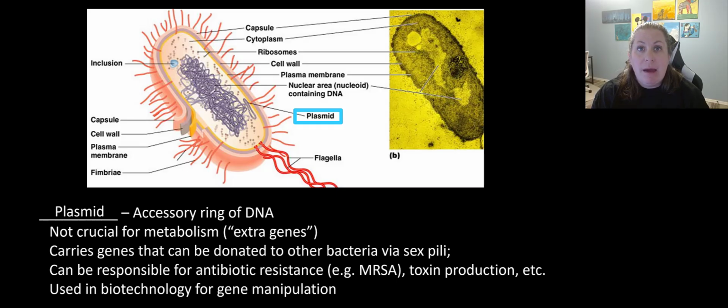They put it into bacteria and have the bacteria make insulin. They then can package it and sell it at the pharmacy. So the bacteria is making human insulin, but it doesn't need it. We got it to make it by inserting a plasmid with that genetic information on it. And that's what we see with biotechnology.